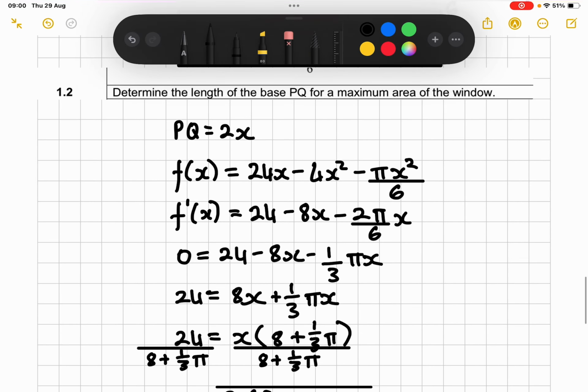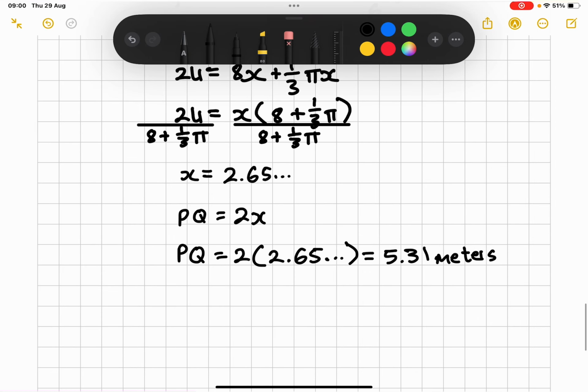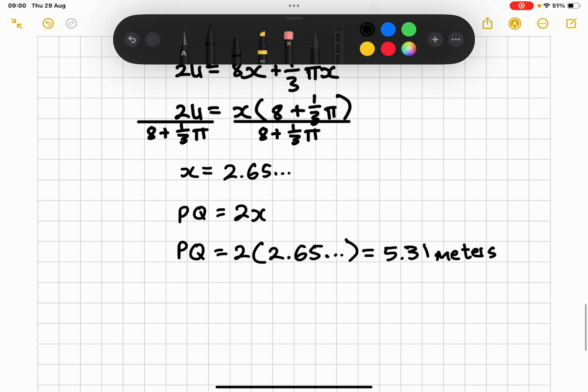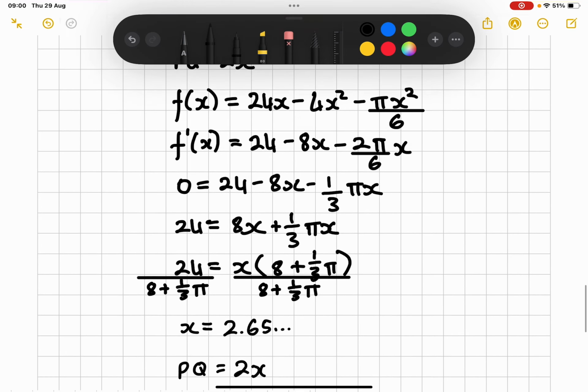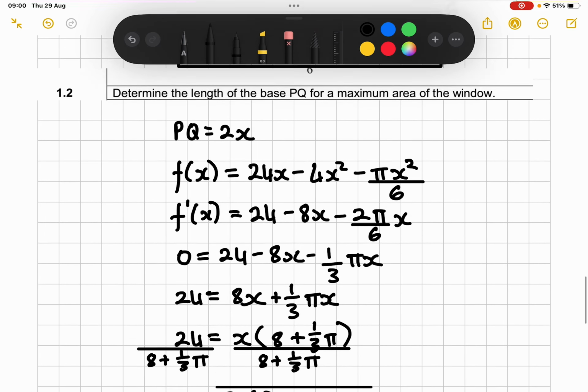Okay, so what you can do is, you don't need to substitute in values of PQ, but maybe try substitute in a few values of x. Maybe try substitute in 2, substitute in 3, and see what that area gives you.